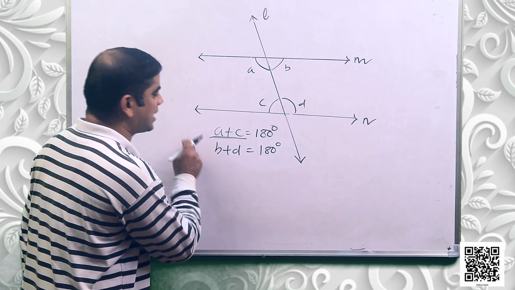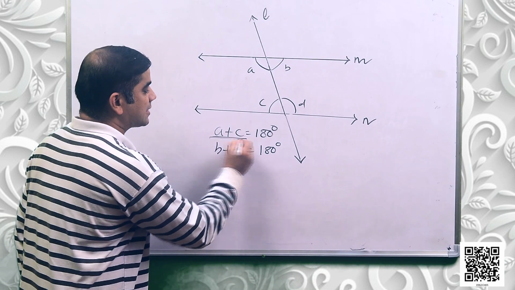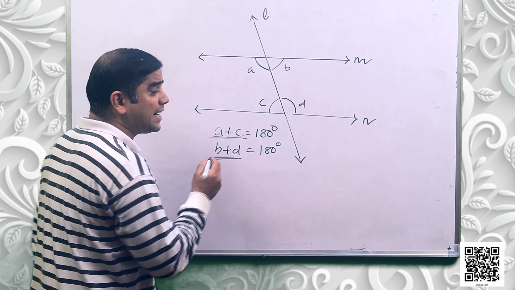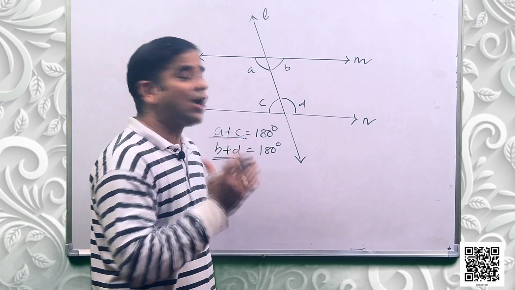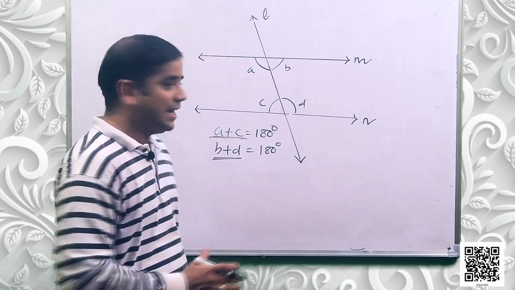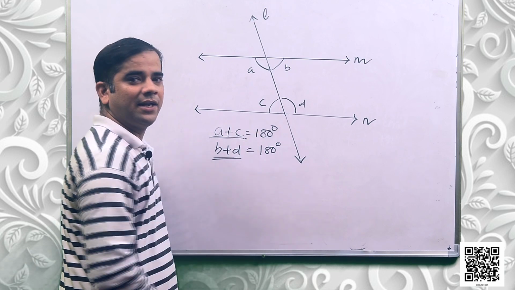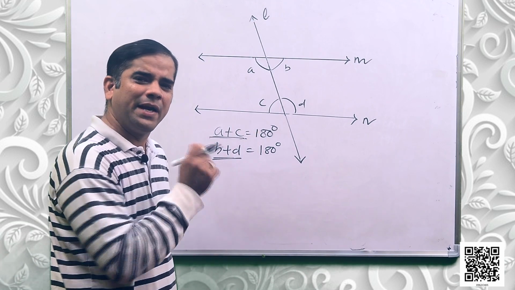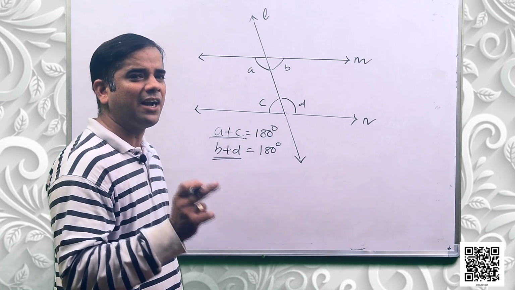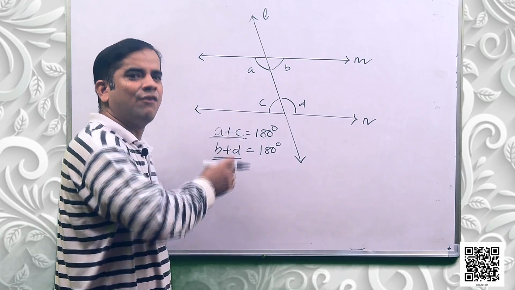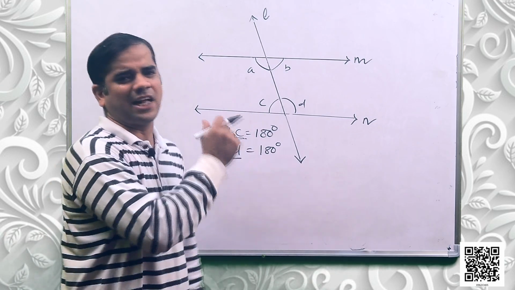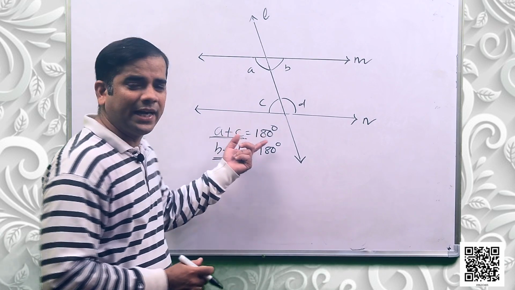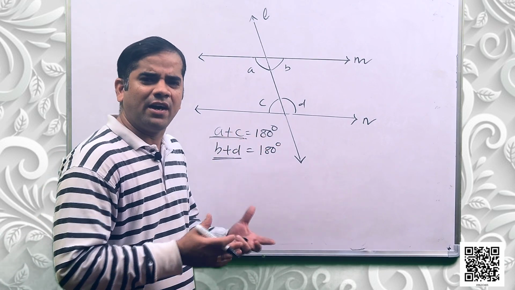But in such cases where the sum of the internal angles on one side of the intersecting line is equal to 180 degrees, they will never meet, because postulate 5 says that they will meet when the sum is less than 180 degrees. So, when it is 180 degrees, they will never meet.